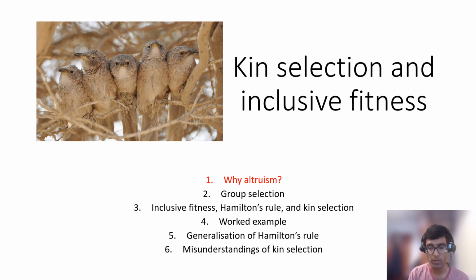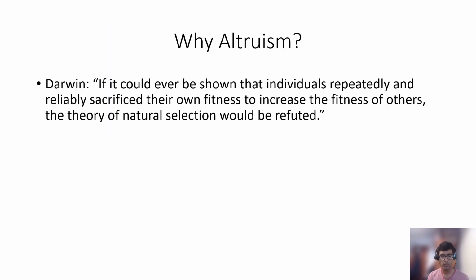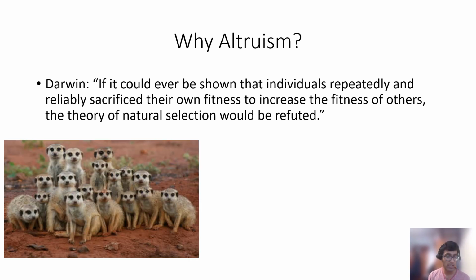So let's start with, why do we see altruism? Well, to illustrate the problem, Darwin wrote, "If it could ever be shown that individuals repeatedly and reliably sacrifice their own fitness to increase the fitness of others, the theory of natural selection would be refuted." And that's a big problem for evolution, because we see this all the time in nature.